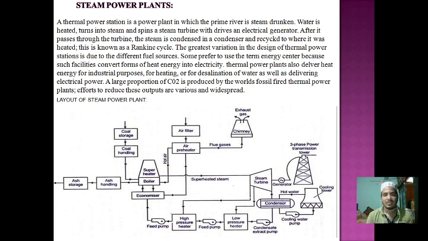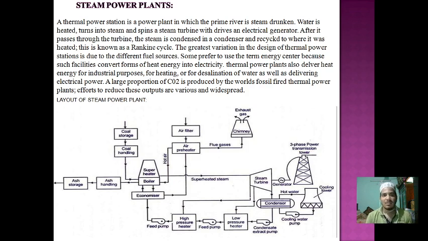A steam power plant generates power with steam as the source. First we generate superheated steam, and then we pass the superheated steam through the turbine and generator, and the generator produces the power, and then the power goes to the three-phase power transmission tower.